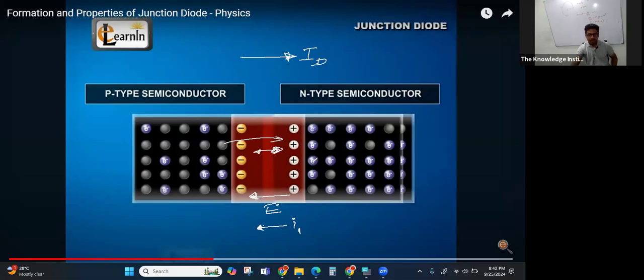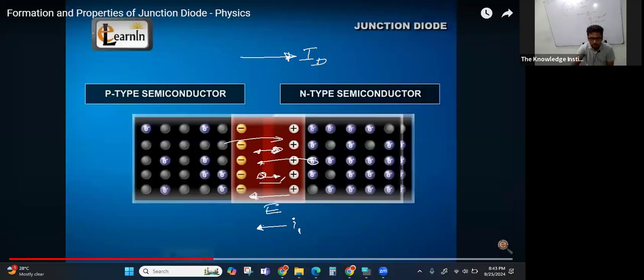Now similarly, if I consider one electron moving to this side due to diffusion, this electron will experience a force in this direction. We know electrons experience force opposite to the electric field.